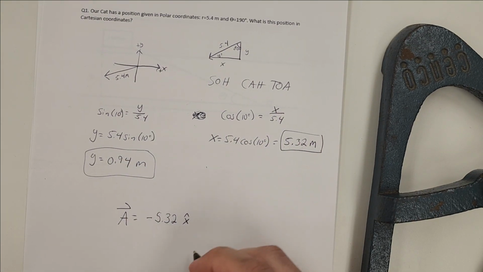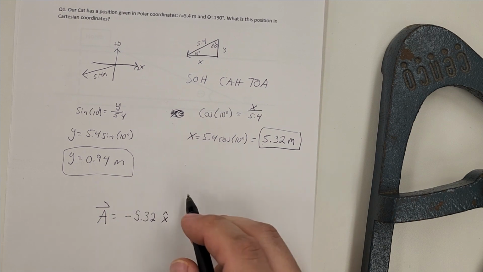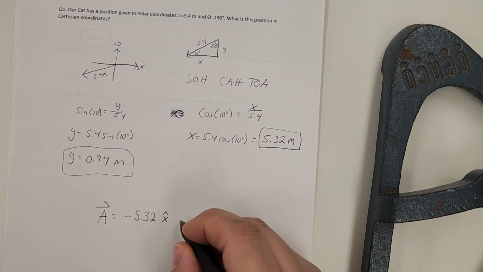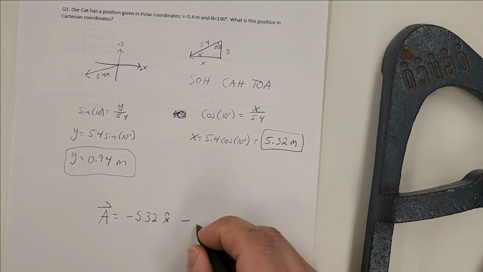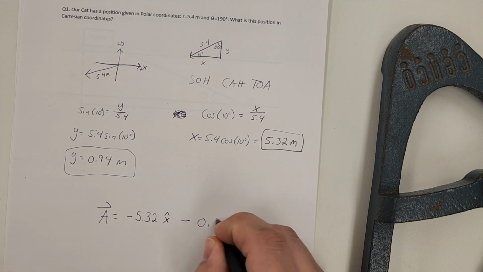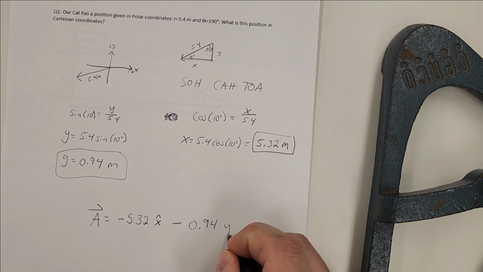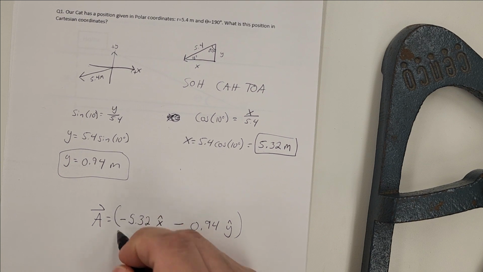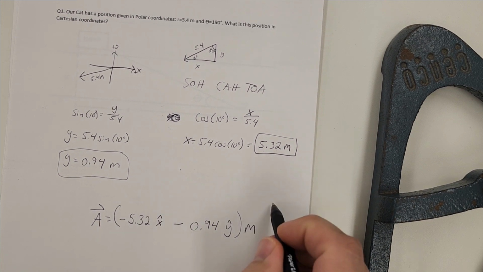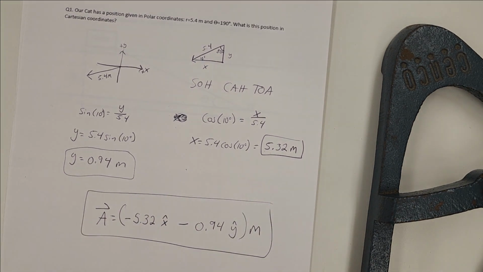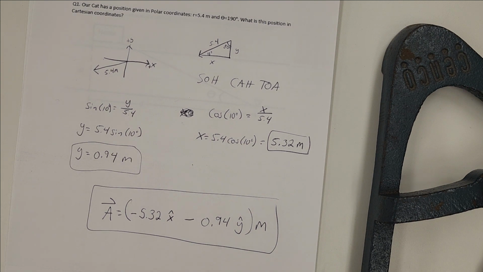This one's traveling in the negative x direction. The y then is also traveling in the negative y direction. It's traveling downward. So we'd have 0.94 y hat. Or you could use j hat there if you wish. And that whole thing is in meters. Okay? So hopefully that made okay sense there, how you can do it a couple of different ways. You got to be careful for your signs, positives and negatives.